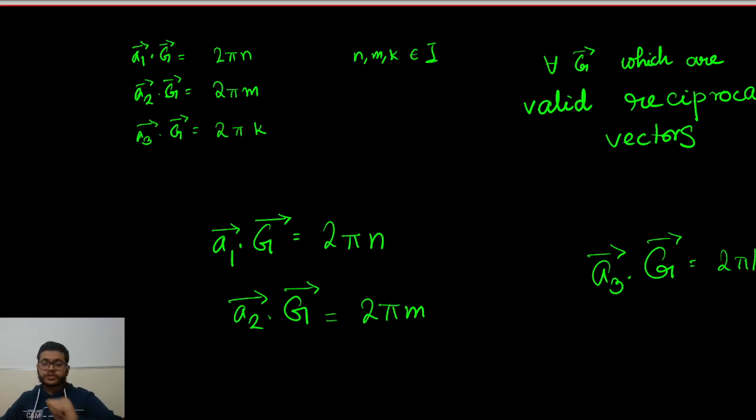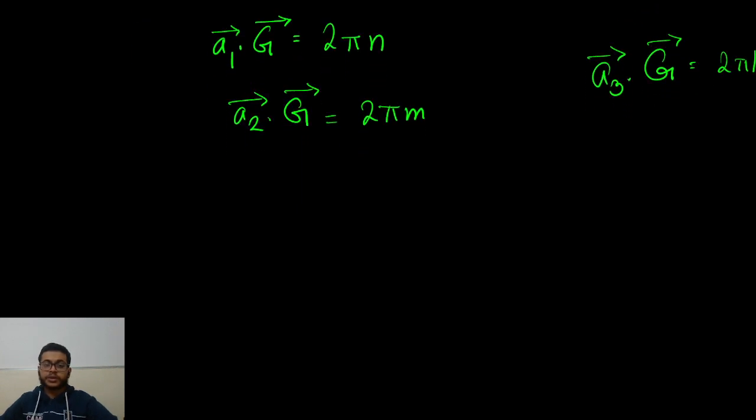So now let's see how to calculate these g vectors. As we see, it's also a lattice, right? So the g vectors constitute a lattice. The g vectors must form something like this: m1 b1 plus m2 b2 plus m3 b3.